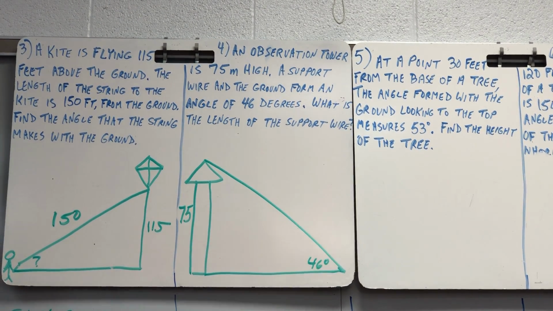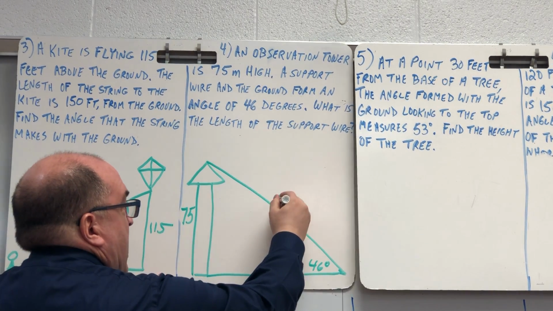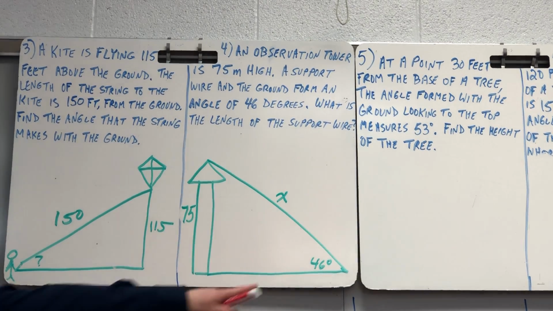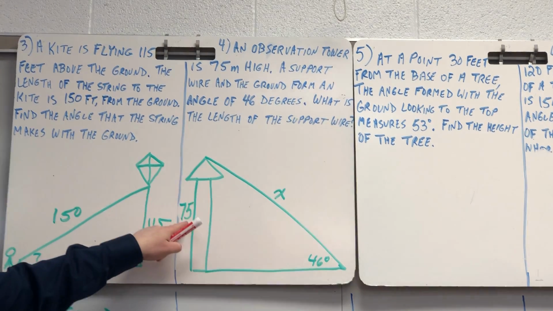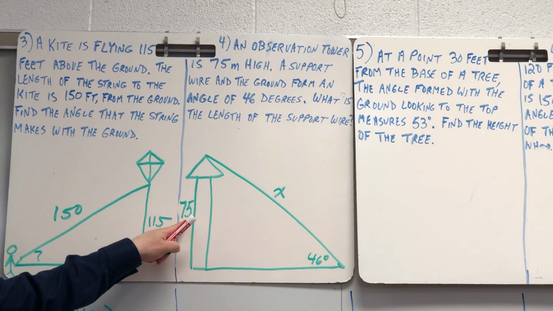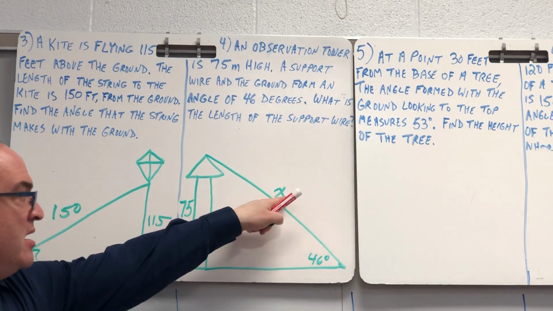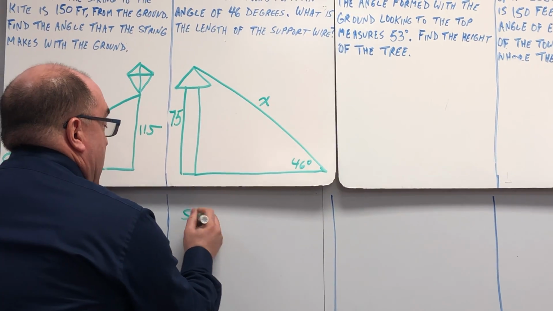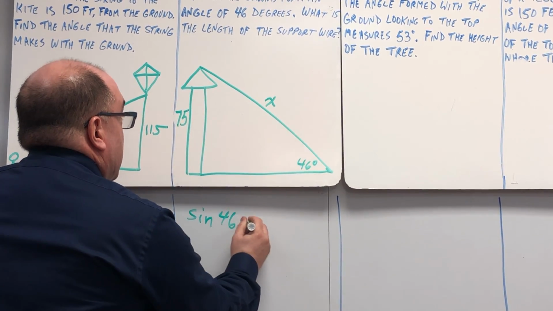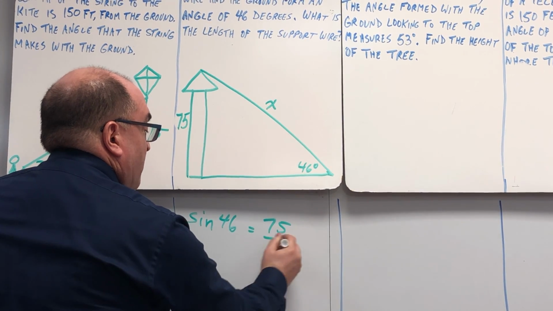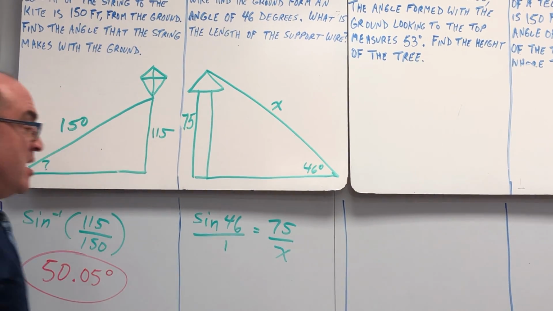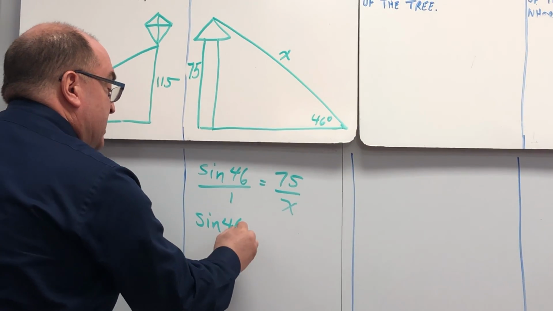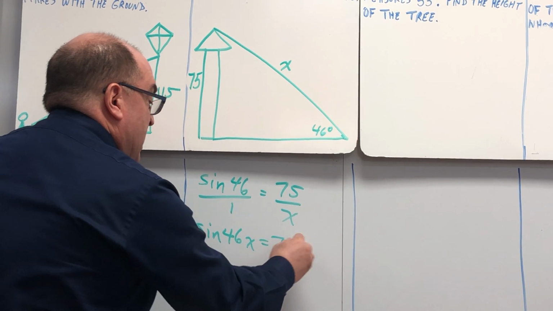What's the length of the support wire? Make that x. So, from 46 degrees, this would be opposite, adjacent, hypotenuse. Opposite. Hypotenuse. So it's going to be sine. So sine 46 equals 75 over x. So 46x equals 75, sorry, x times sine 46 equals 75.